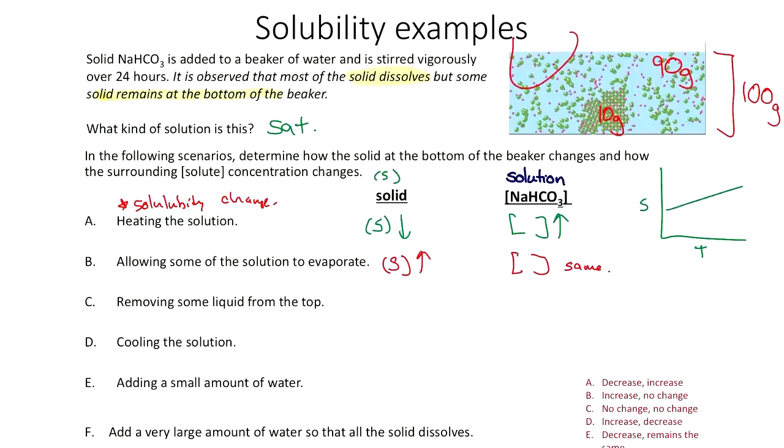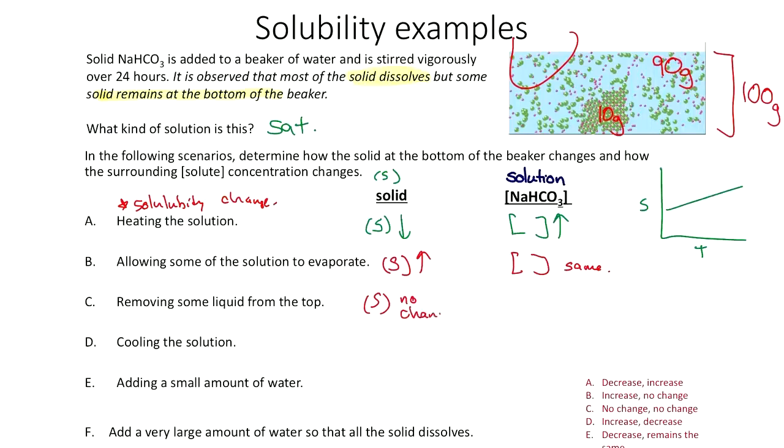All right, so let's just take a scoop of water out of this system. Let's just take a scoop of the solution off. How do things change? The solid. Does anything change about the solid? No, it doesn't. All we did was just take some water off the top. Does the concentration of anything change? No. All right, I'll say no change.